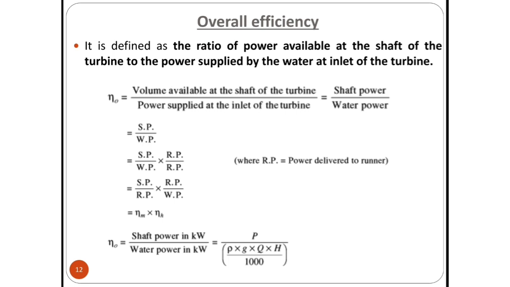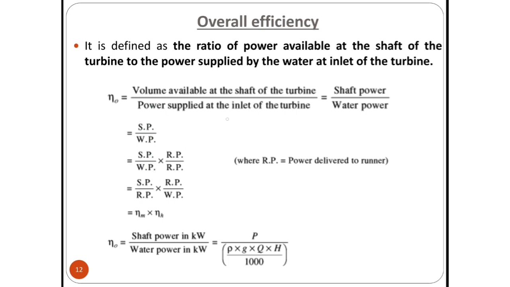So the initial input is nothing but power supplied by the water, and the output is nothing but rotation of the shaft. So we can write overall efficiency, eta naught, is equal to power available at the shaft of the turbine divided by power supplied at the inlet of the turbine. In the numerator we take SP divided by WP, that is shaft power divided by water power. In short, we can write it as SP divided by WP.